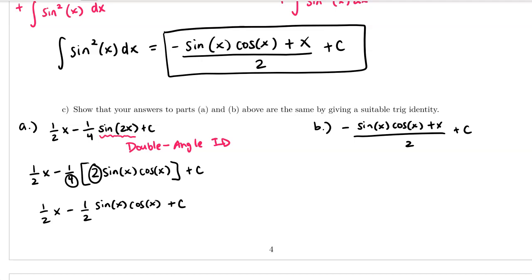And both of those things have the same denominator, so this I can rewrite as x minus sine of x times cosine of x over 2 plus c, which is the same as that thing. So I'll just put a check mark to show that we verified that our answers from part A and part B are the same answer.